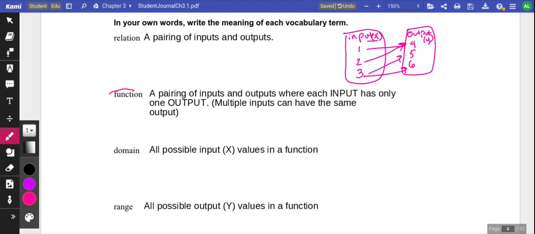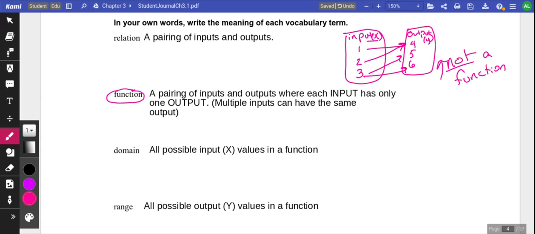A function is a specific type of relation. It says a pairing of inputs and outputs where each input has only one output. So this right here is not a function.